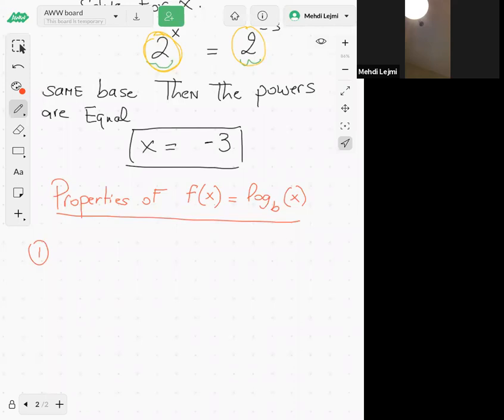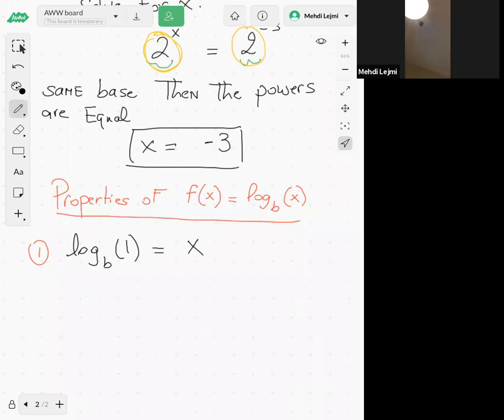So the first property, guys: what will be log in base b of 1? Well, let's say log in base b of 1 is equal to some number x, and I want to solve for x. How do we do that?